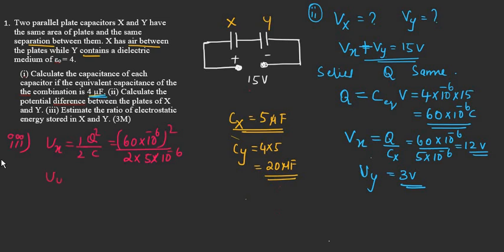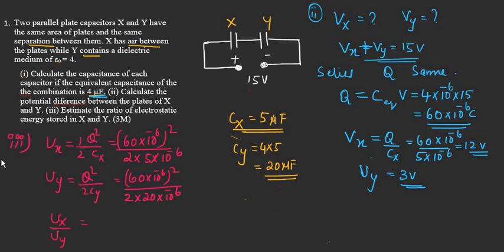And what will be Uy? Uy will be equal to Q square by 2Cy. So we can write as 60 into 10 to the power minus 6 whole square divided by 2 into Cy. Cy is how much? Cy is 20 into 10 to the power minus 6. So we can just take the ratio of these two, that is Ux by Uy.